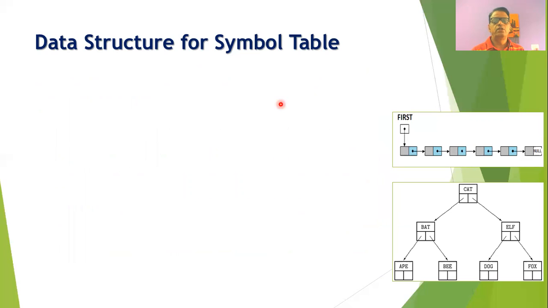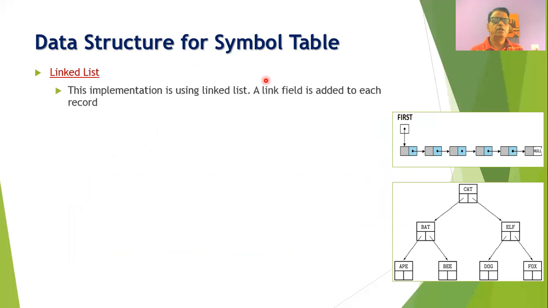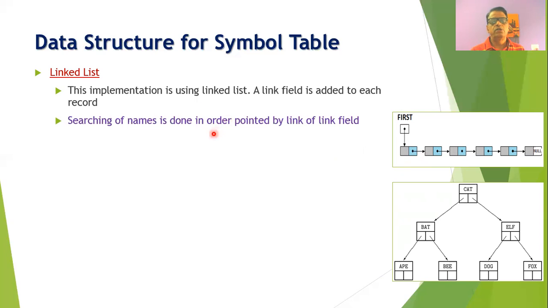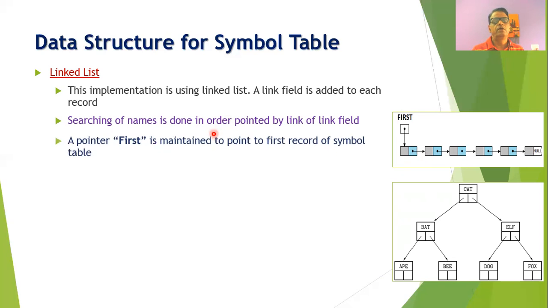Another data structure that is being used for the creation of the symbol table is called the linked list. So in the linked list, there is a link field, and this link field is added to each record. This link field will point to the next record of the list. So searching of the name is done in the order pointed by the link field.